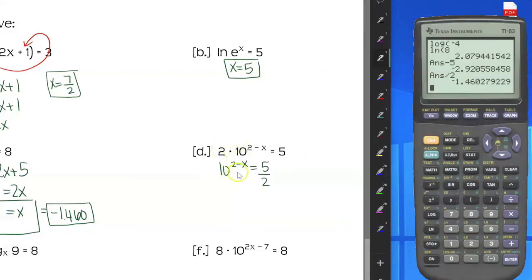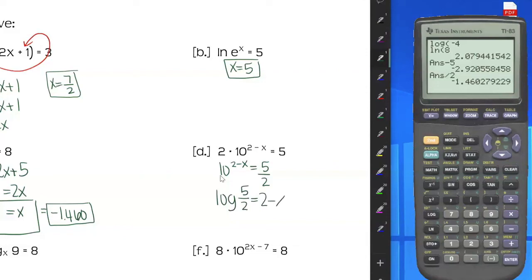I'm going to rewrite this in log form because the base of my exponent is 10. I want the base of my log to be 10, so this will be common log of something equals the exponent. And then if I want to isolate the x, two ways we can do that. I'd probably add x and then subtract the log.